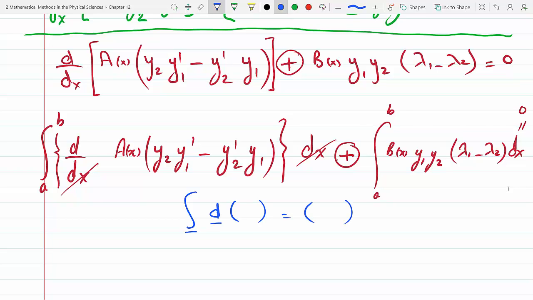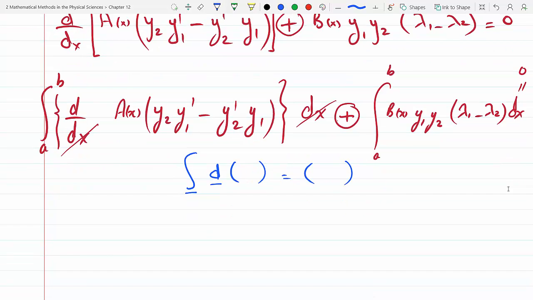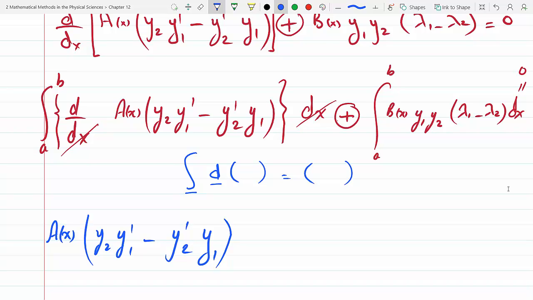So if I apply this to the first integral in my equation above, I will get just a of x times y2 y1 prime minus y2 prime y1, evaluated from a to b.